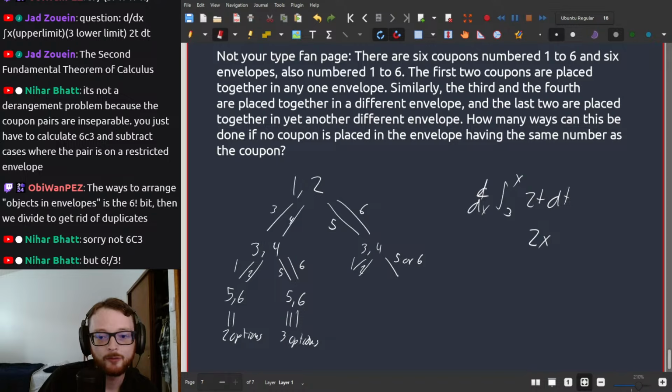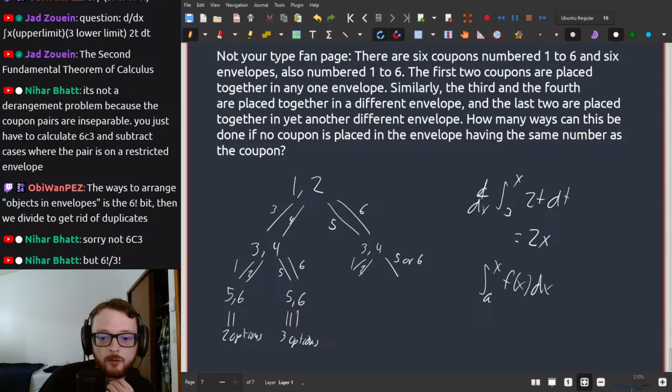And that's because, more generally, for the integral of a function, the first fundamental theorem of calculus tells you that it's equal to, this is bad form, let me use t's, whatever the antiderivative capital F is of x minus capital F of a.